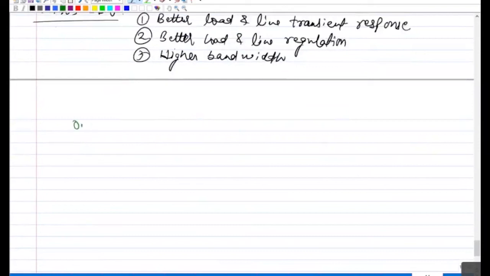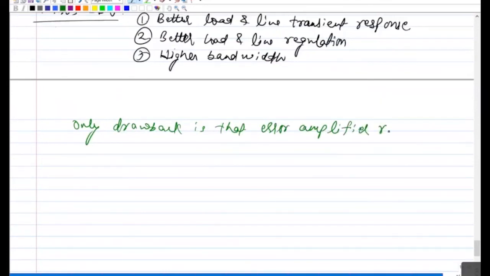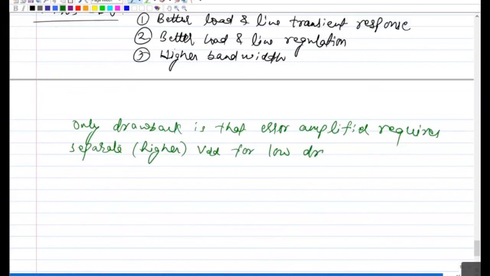So the only drawback is high dropout voltage, or the error amplifier would require a separate, higher VDD for low dropout.